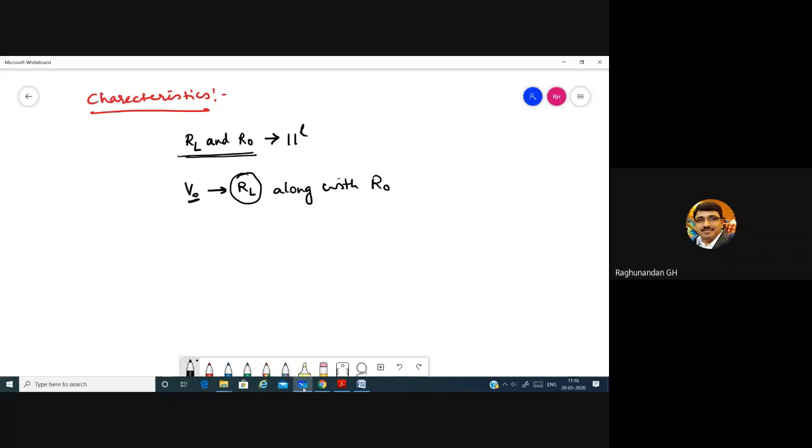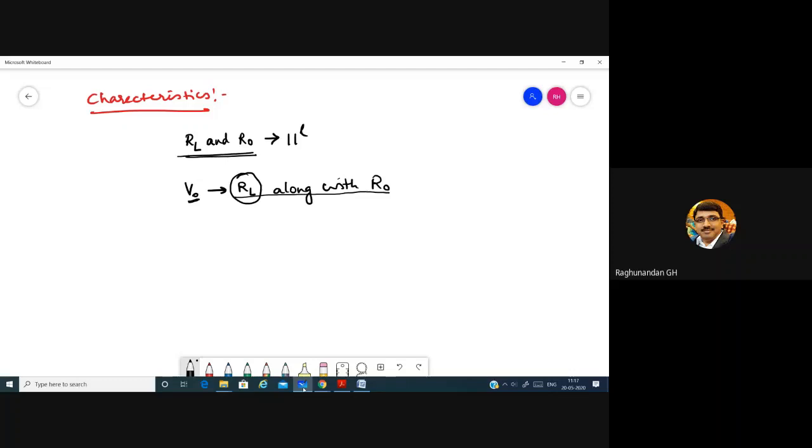The resistance which is offered by the MOSFET at the output terminal. RL is the external load we are connecting. But actually the total resistance will be the parallel combination of RL and R naught. If this kind of situation arises, then it is better to analyze with respect to the small signal model, and then we can get the equation for the output.